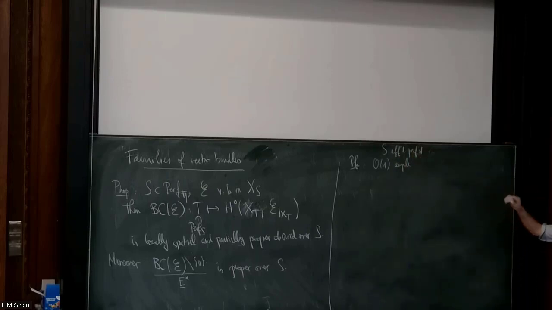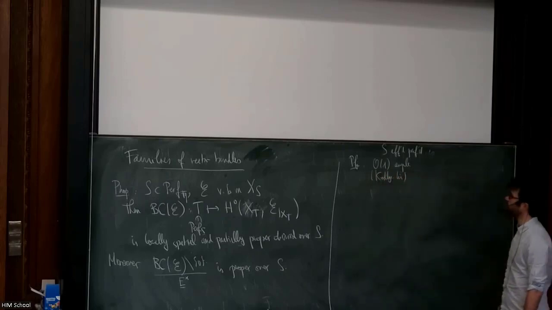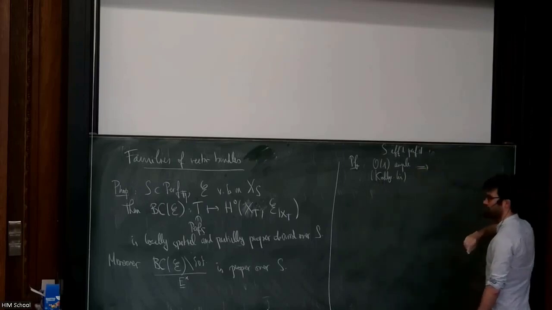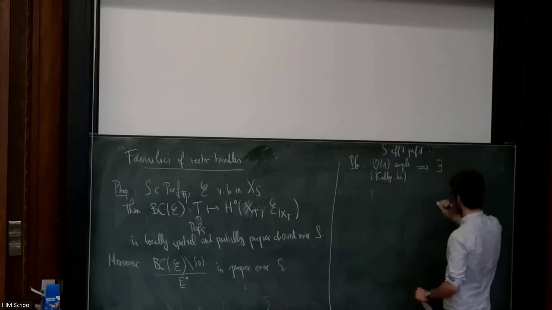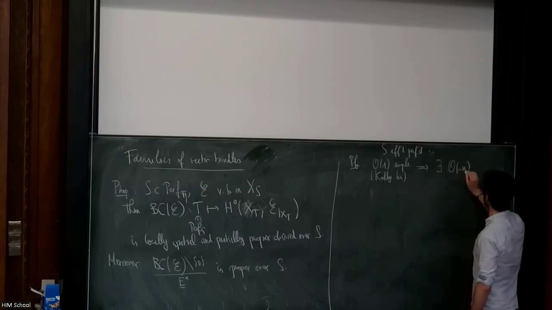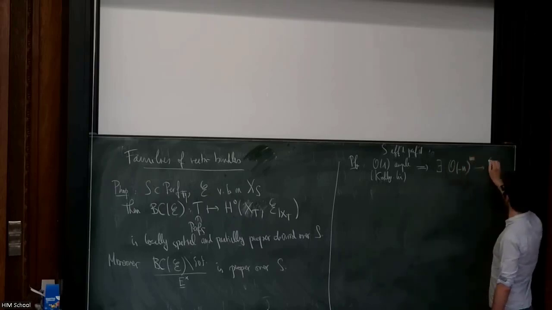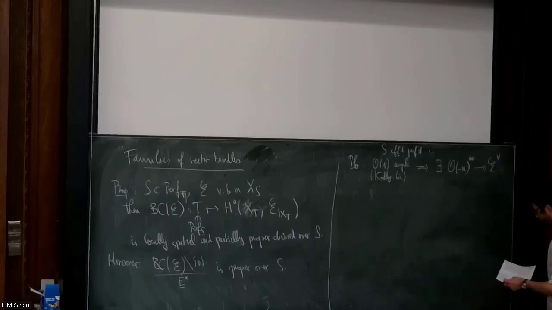And in this case, by a result of Kedlaya-Liu that I already mentioned, but now over a more general base, O(1) is ample. So this means that by applying this to the dual of E, I can get a surjective map from O(-n)^m to E dual, for some integers n and m.